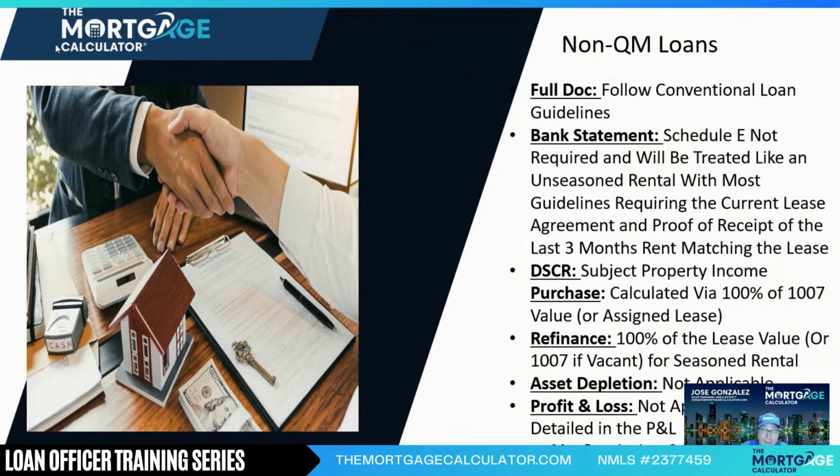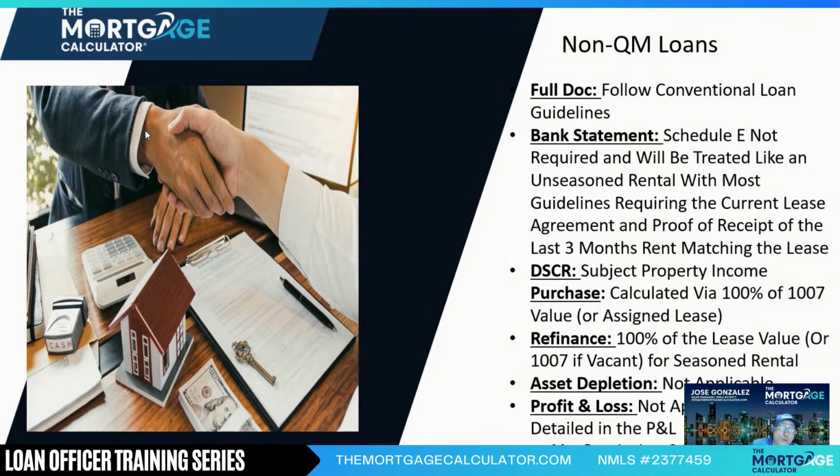If you're going to say, hey, my lease payment is $1,700, but my 1007 is $1,500, they may let you use that higher amount with an assignment of lease. But other than that, for purchases, you're usually going to calculate the income just using 100% of the 1007, which is a market rent schedule value.